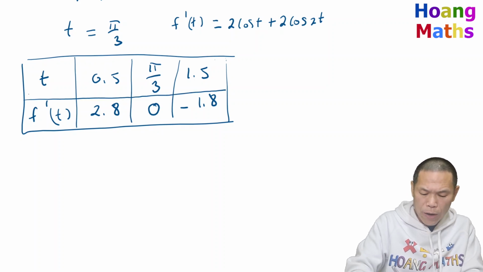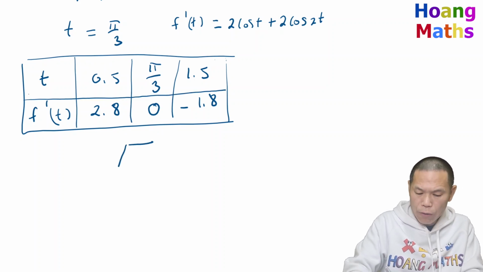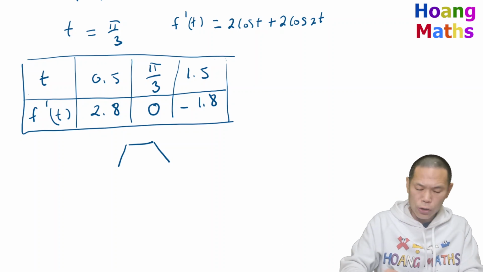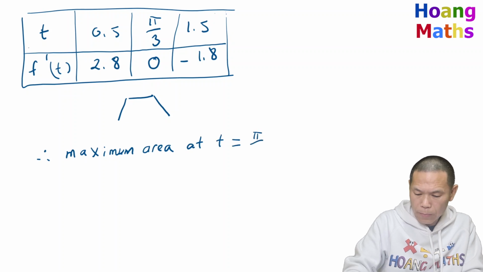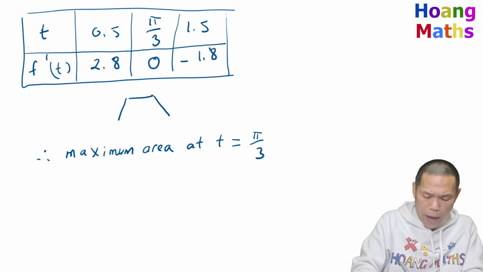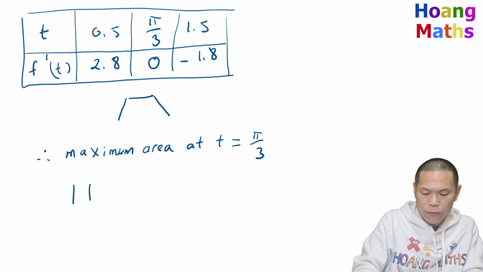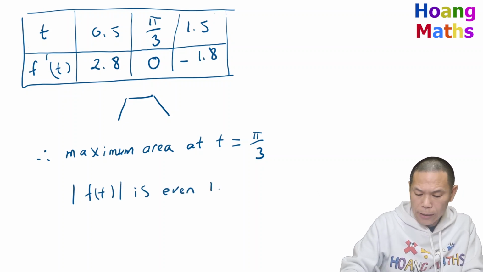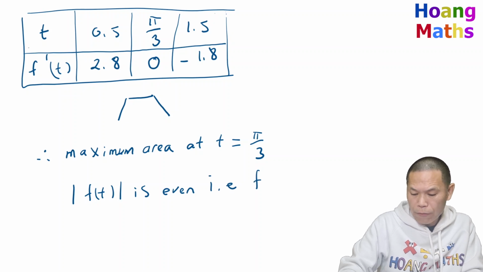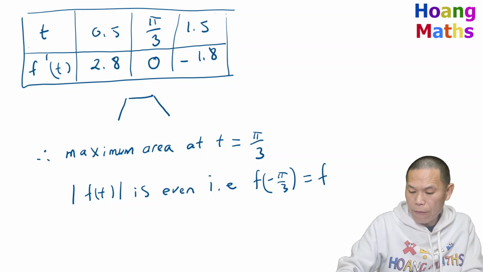So this means that we have a gradient positive, 0, and negative. Therefore, it is a maximum. And we know that the absolute value of f of t is even, so f of negative pi over 3 is equal to f of pi over 3.